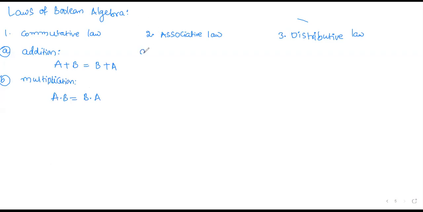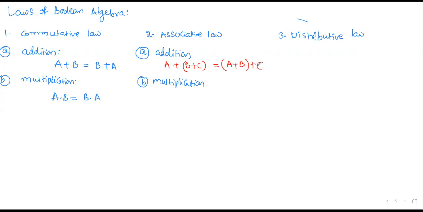Next, associative law. Here also we have two types, addition and multiplication. The addition associative law indicates (A plus B) plus C is equal to A plus (B plus C).